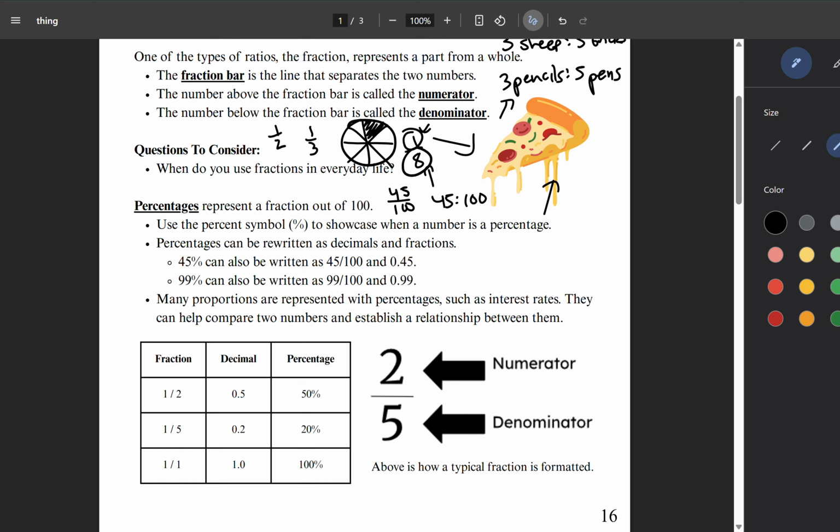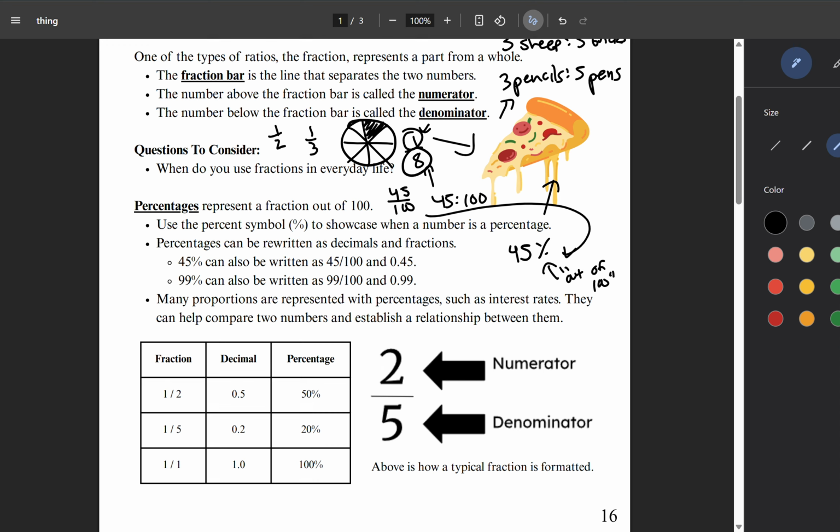And instead of writing 45 over 100, another way we've found to express this proportion is by writing percentages. So think about this, 45 over 100 would just be 45%. So this percent almost means out of 100 in a way. It tells us it's out of 100.